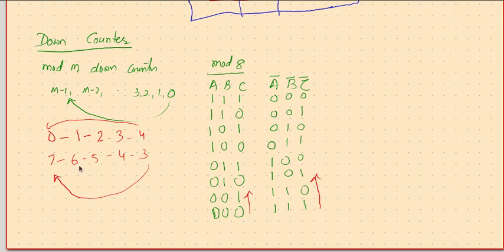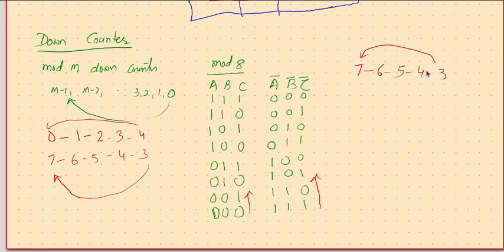So what should be done? Yes, of course. Don't create this. You create 7, 6, 5, 4, 3, and do this 7, 6, 5, 4, 3 repeatedly.